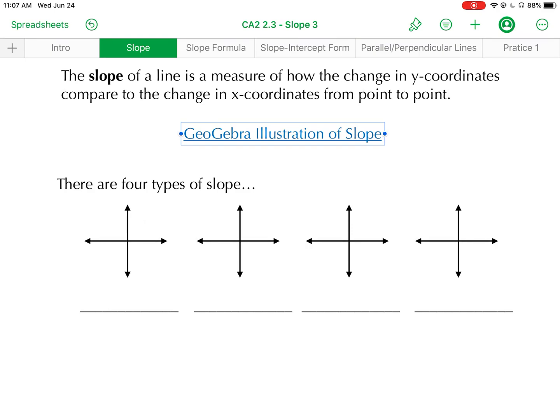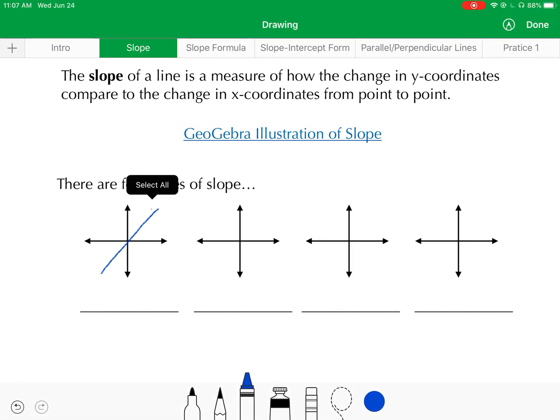Okay. So lines that behave in this fashion, where they have what I'll refer to as an upward trend from left to right, these lines will have a positive slope. If your line behaves in this fashion with a downward trend from left to right, then you'll have a negative slope.